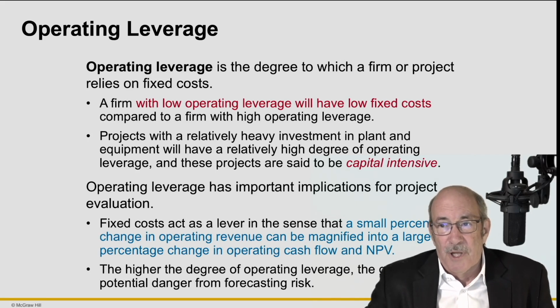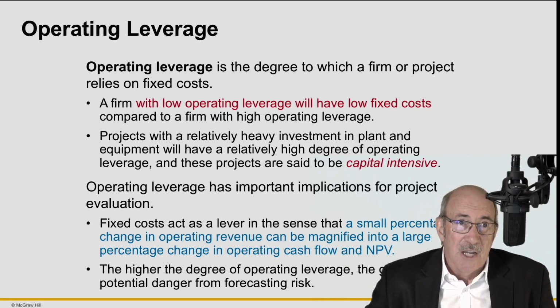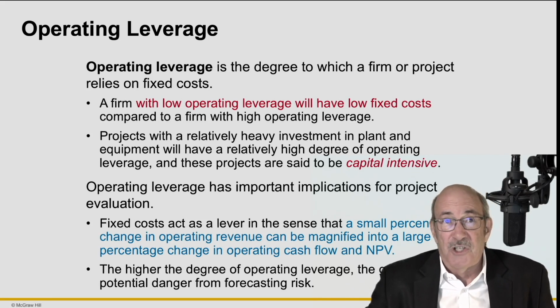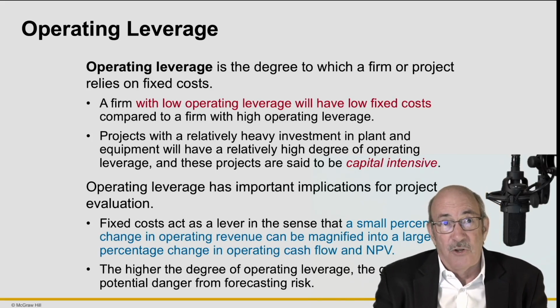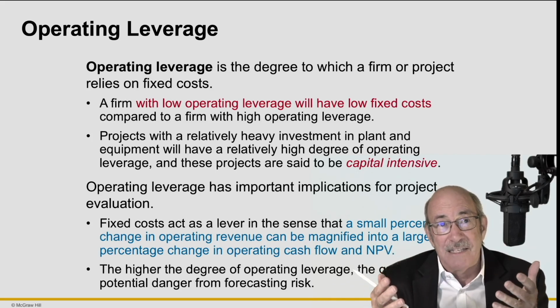All right, so it's a very important thing to consider, especially in light of operating leverage and financial leverage for a company. Both add to the riskiness of that company. And if we have high operating leverage, ideally we'd like to have low financial leverage.